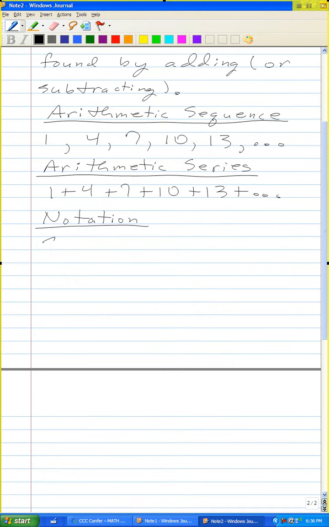Suppose I have here 1, 2, 6, 18, 54, etc. Let's just go up to 54.